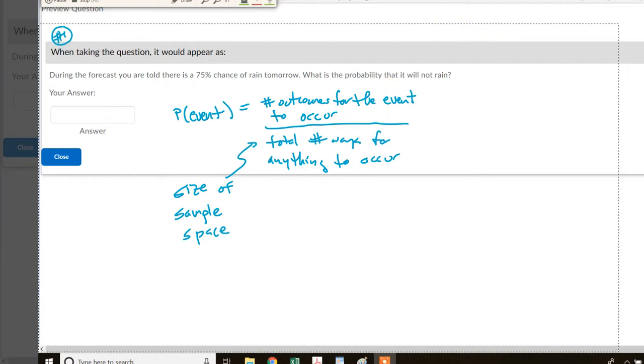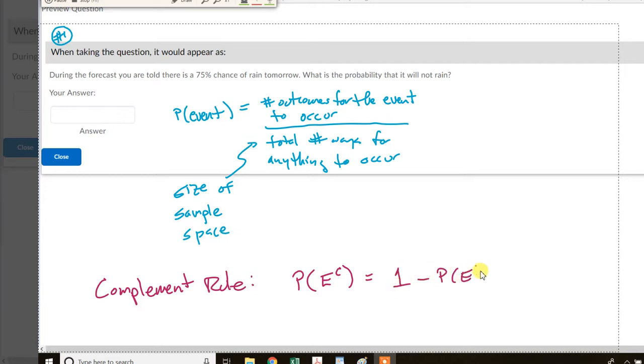Well, one of the basic laws of probability is called the complement rule. What's the complement rule? The complement rule says that the probability of the complement of an event is 1 minus the probability of the original event itself. Or vice versa, the probability of an event is 1 take away the probability of its complement.